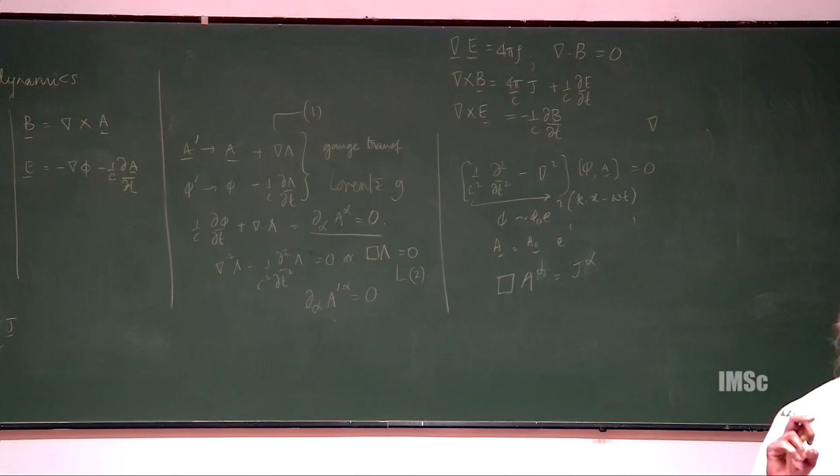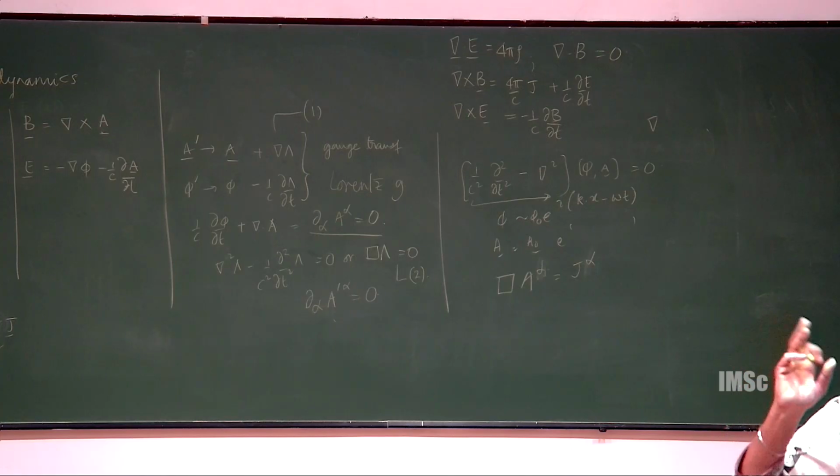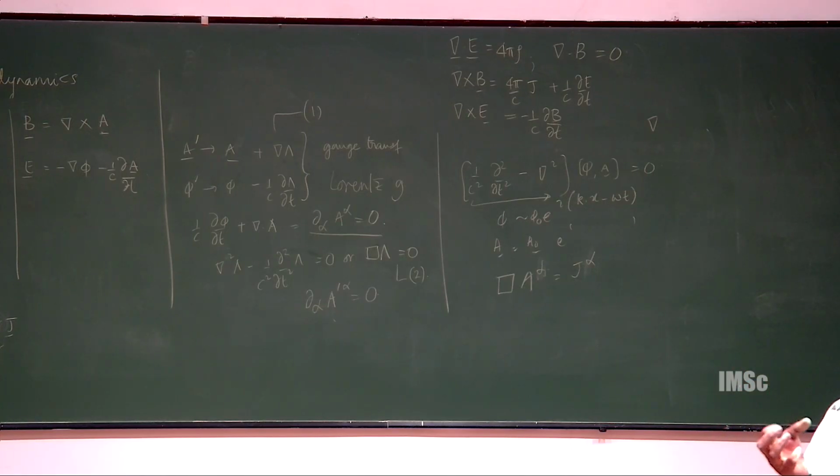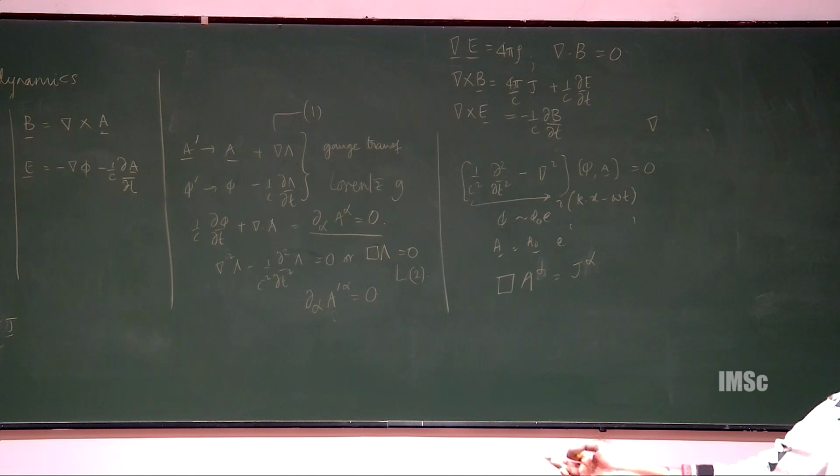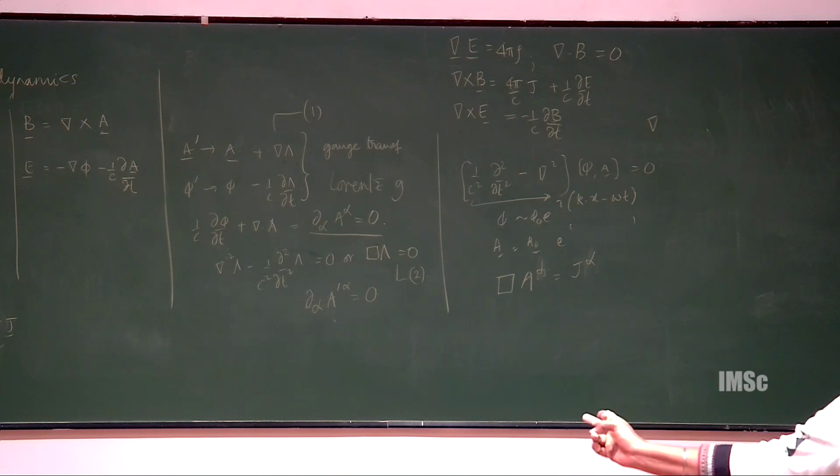Is it clear? So it's not an accident that this happens. It happens because you actually have a massless transverse wave which corresponds to an electromagnetic particle called the photon. When we do quantum mechanics, it gets quantized, E is equal to h nu, right? So that is the photon wave packet, but it will still remain transverse as a wave, and therefore the other degrees of freedom will go away.